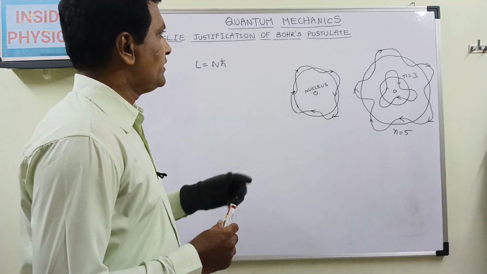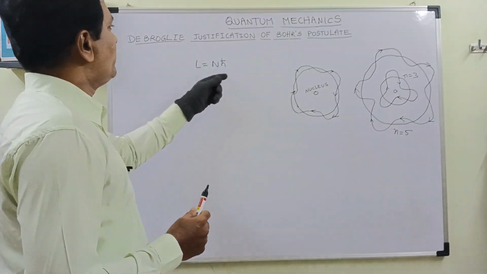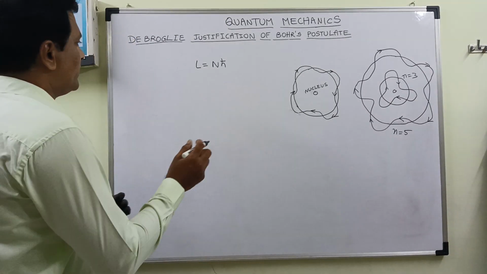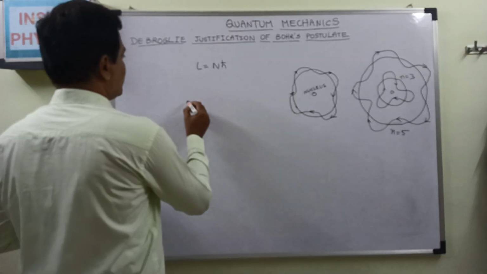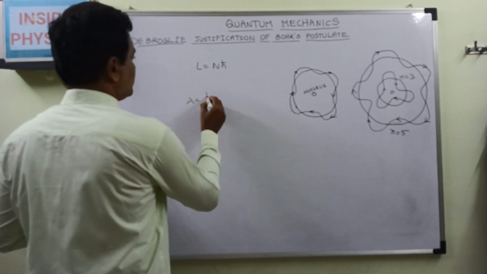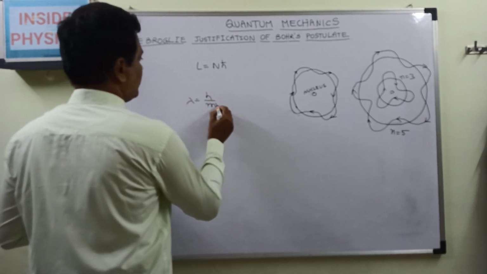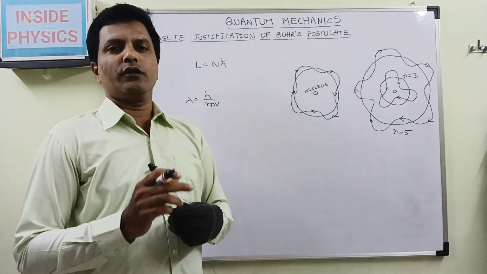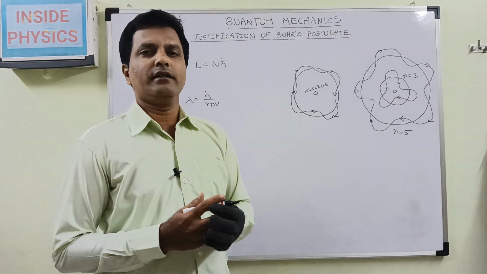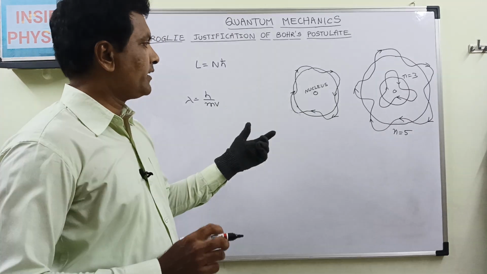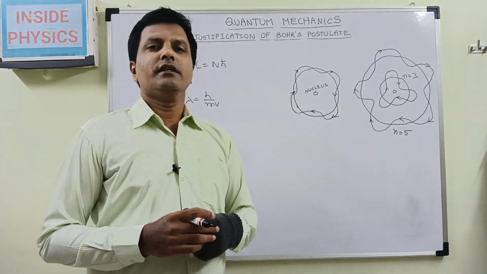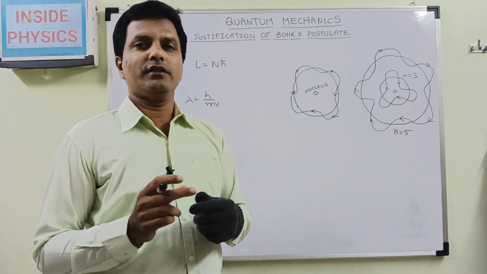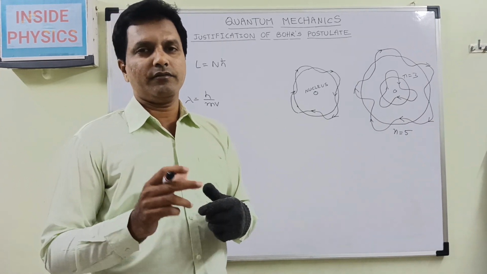With this postulate, we know that the de Broglie wavelength is lambda equal to h by mv. If it is a circular orbit, then according to the de Broglie hypothesis, the circumference of the orbit is an integral multiple of the full wavelength of the electron.